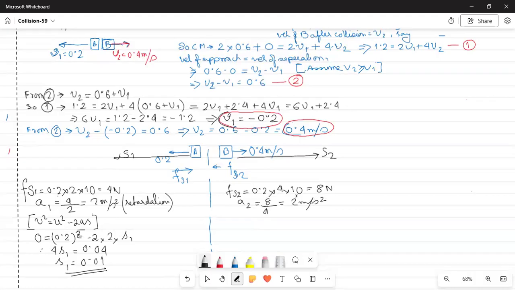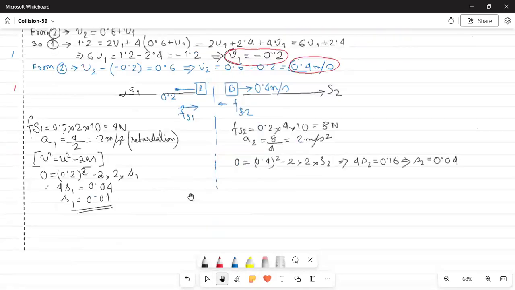By the same equation, final velocity 0 square is equal to initial velocity 0.4 whole square minus 2 into 2 into S2. From here, we get 4S2 equal to 0.4 whole square, that is 0.16. Therefore, S2 is equal to 0.04.